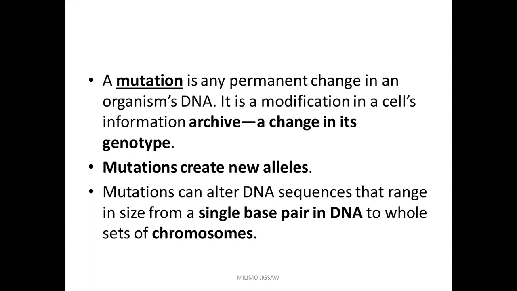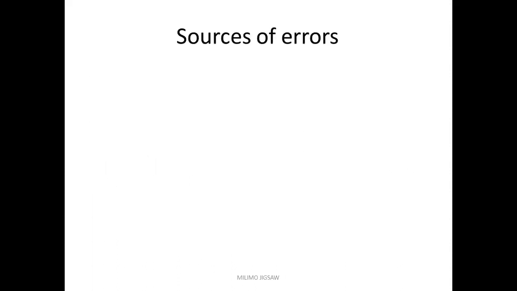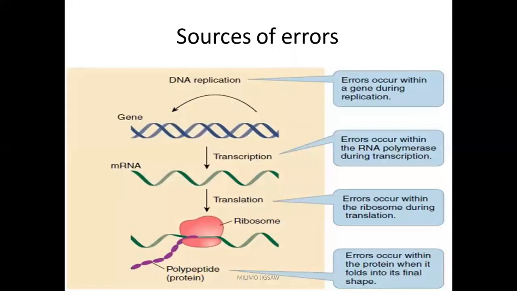Like I mentioned, the categories of mutations, there could be gene mutations and chromosomal mutations. So it can range just from a single base in a gene to the whole chromosome. Now remember the process, the central dogma of molecular biology.